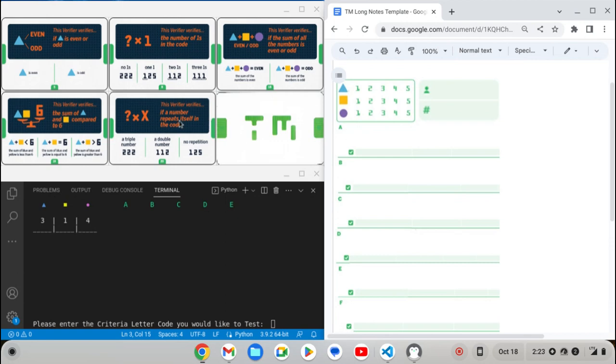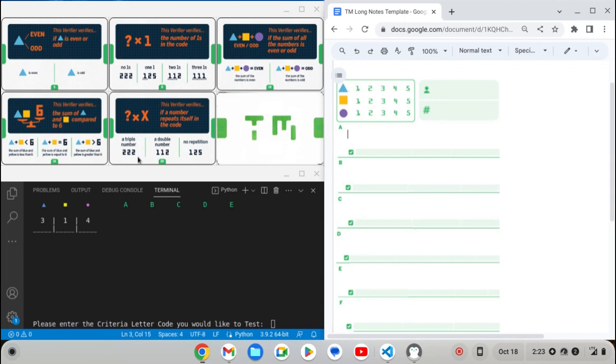And finally, criteria card E, again, we'll take a look at the 3-digit solution, but this time it'll let us know a little bit about its structure. Specifically, it can inform us whether there are no repetitions in our code, as in the example 125, or it can let us know that there's a double number, as in the example 112, or it can even let us know whether it's a triple number, as in the example 222.